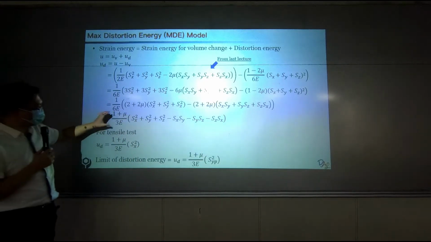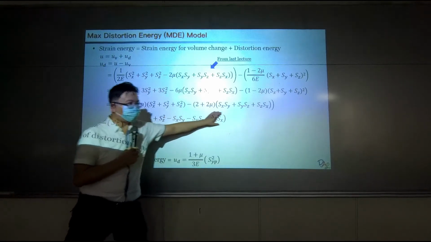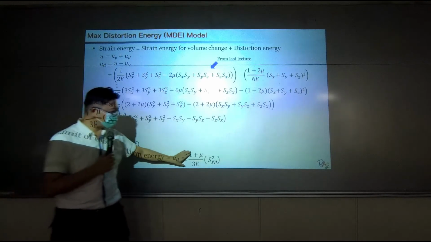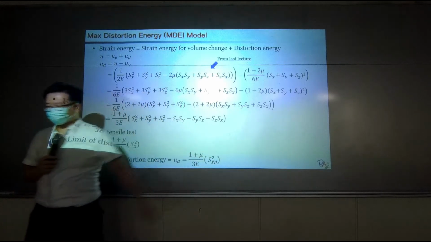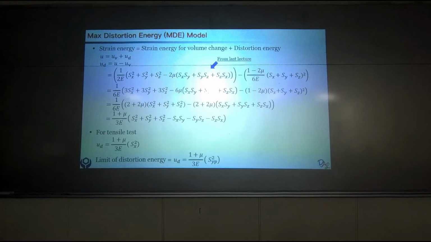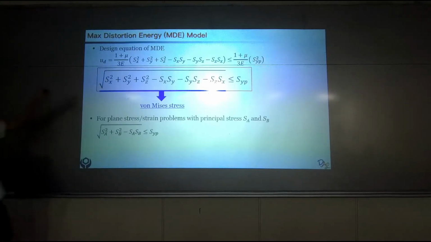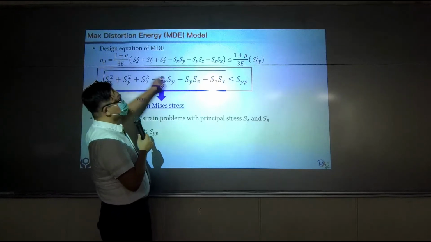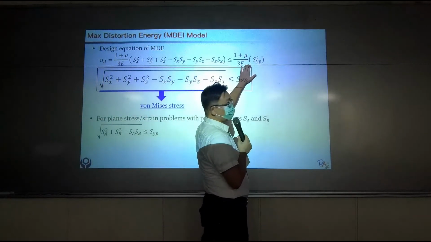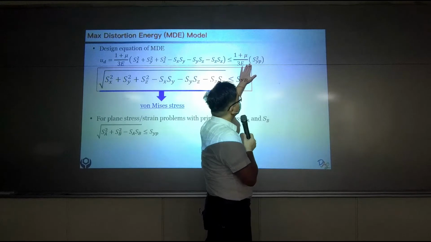Therefore, at the end, this is the general distortion energy. This is the upper limit. This should be smaller than this. This is how the design equation was made. The general distortion energy for all cases should be smaller than the upper limit we calculated.